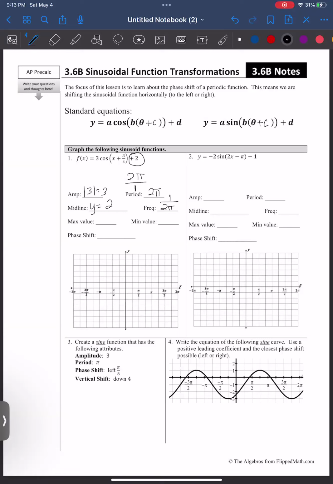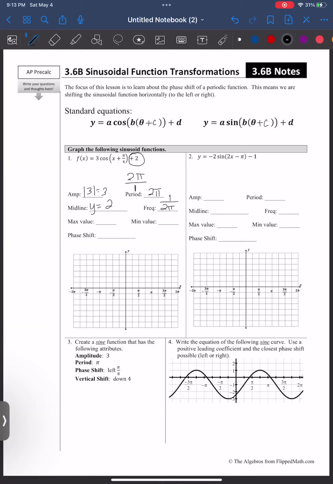Now my maximum and minimum are going to change. So in clarification with the previous example, I did not have a shift up or down. So my midline remained at y equals 0, right? Which was easy for the amplitude. Now for my maximum and minimum, I'm going to have to combine my values of amplitude and the midline, right?